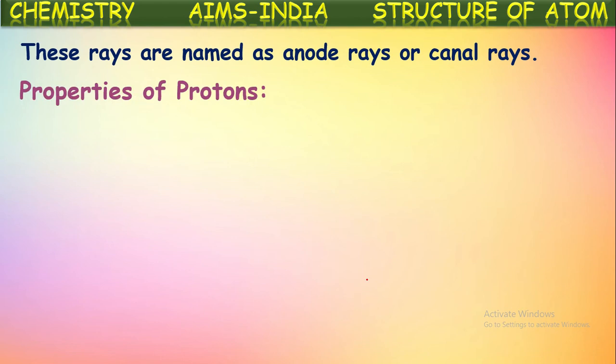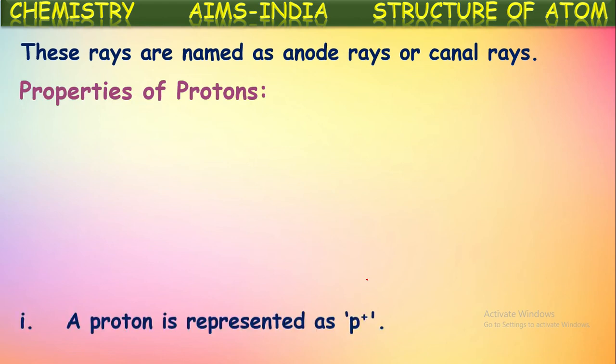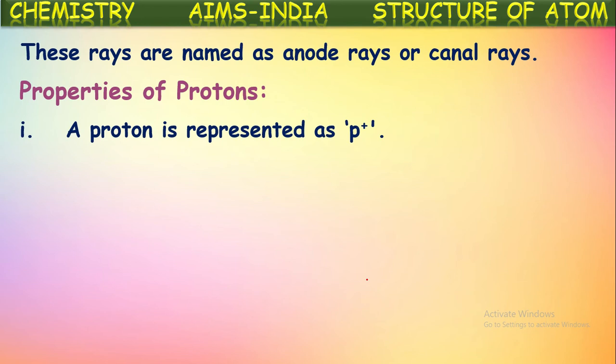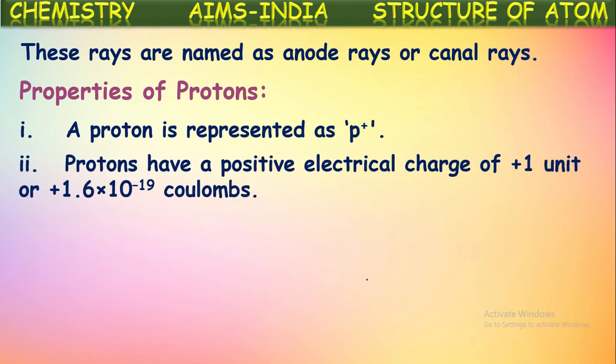So what are the properties of these anode rays or protons? A proton is represented as P+ or p. Protons have a positive electrical charge of 1 unit positive, which equals 1.602 × 10^-19 coulombs. That is the charge of a proton.